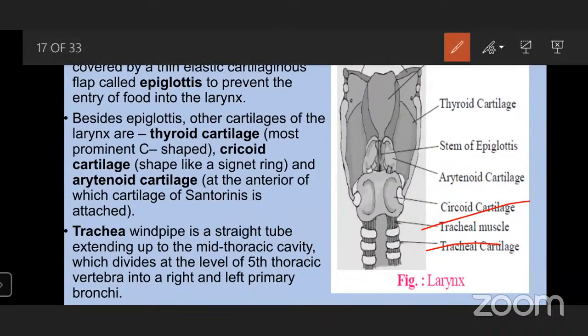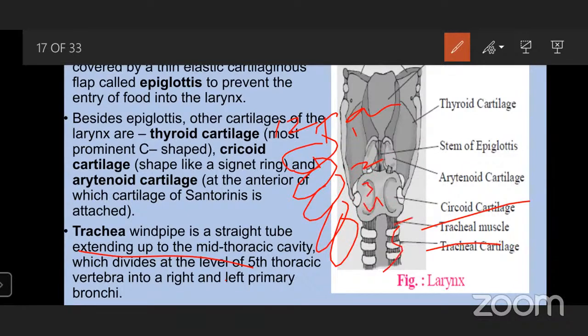Now we know that there are cervical vertebrae, thoracic vertebrae, sacral vertebrae, lumbar vertebrae, and coccygeal vertebrae on the dorsal side of the body. But this is present on the ventral side, right? There will be 12 thoracic vertebrae, right? And the fifth thoracic vertebra, that is, counting 1, 2, 3, 4, 5.